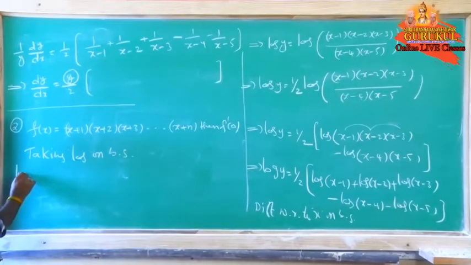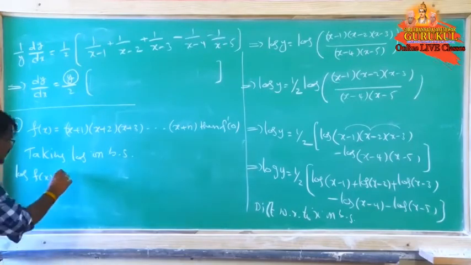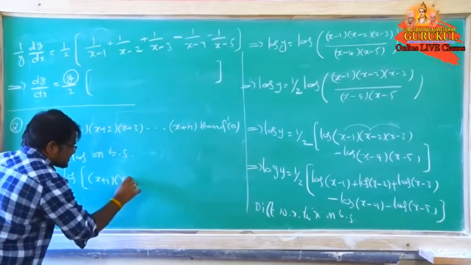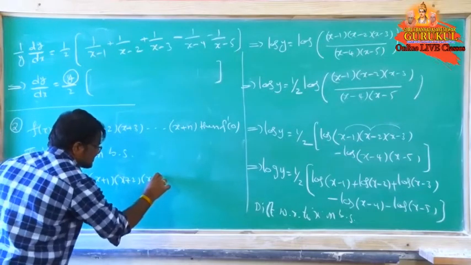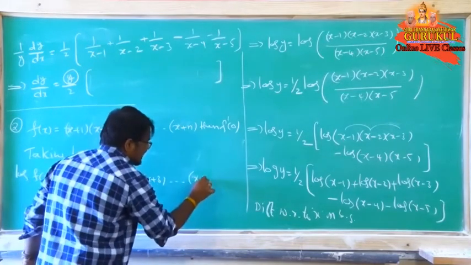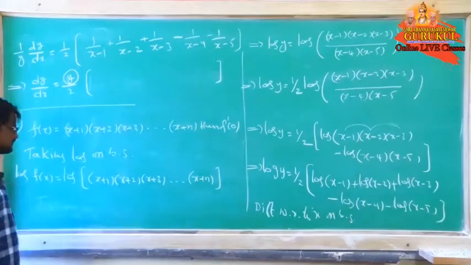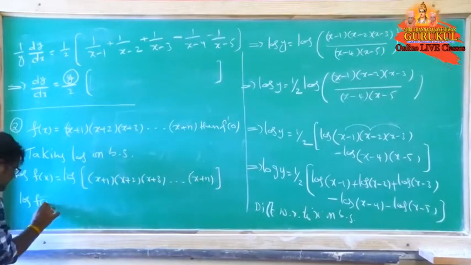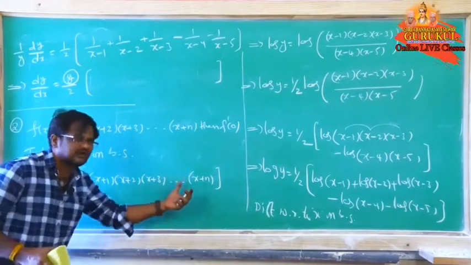Now if you take log on both the sides, log of f of x equals log of (x plus 1)(x plus 2)(x plus 3) etc. (x plus n). And now that implies, here what is the formula?